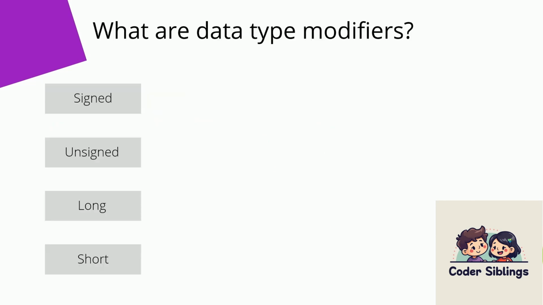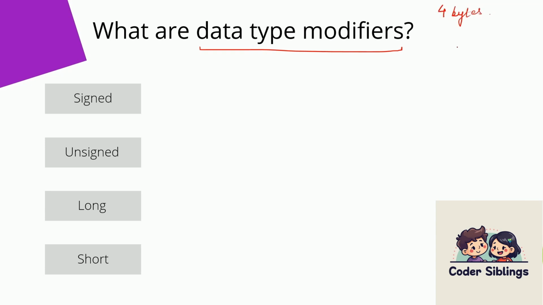So without spending any more time on this, we shall move forward to data type modifiers. Now we have already discussed that we have certain different types of data types and we can store different types of data into these data types. But what if we have a particular data type and we just want to store a larger value to it? So can we modify the size? For the standard integer data type has 4 bytes, right?